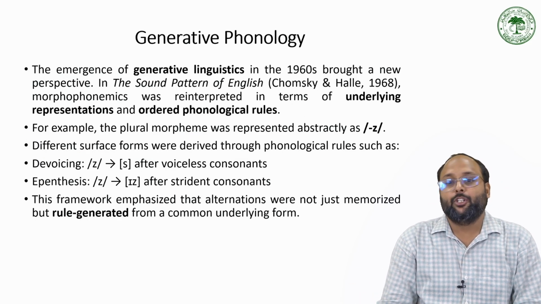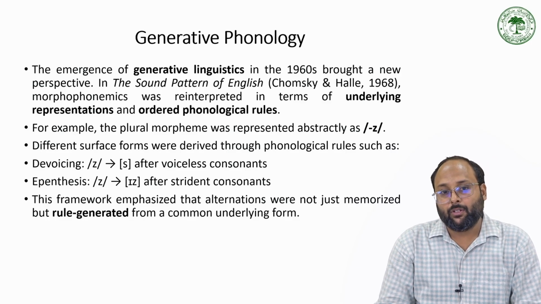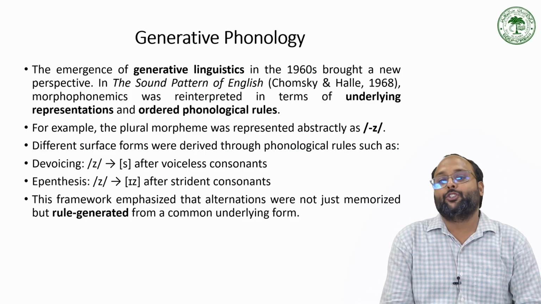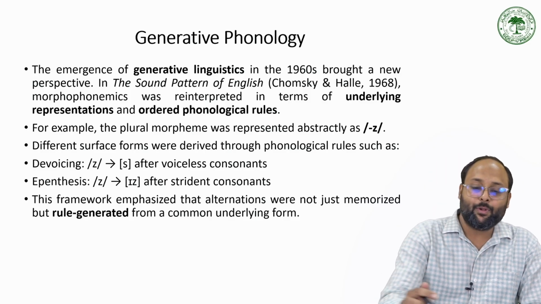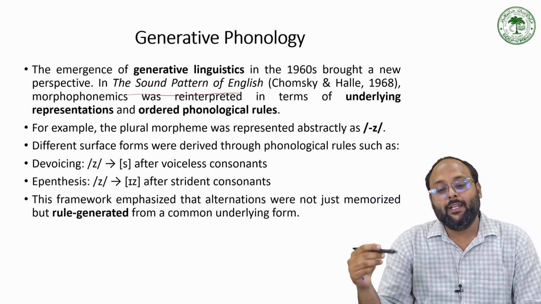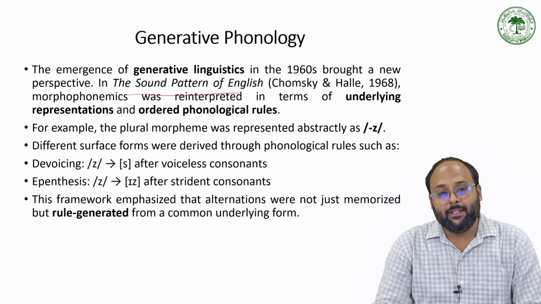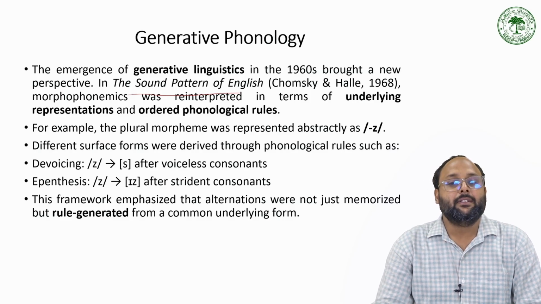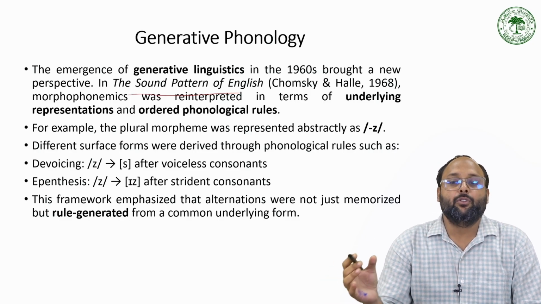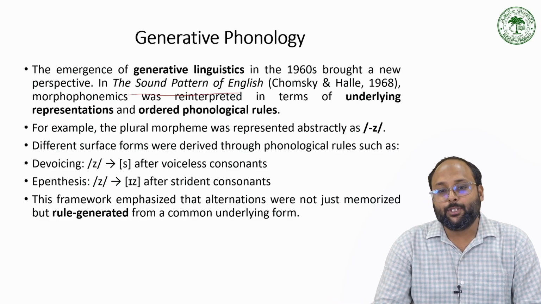There is another school of thought, generative phonology. The generative linguists Chomsky and Halle wrote the book The Sound Pattern of English. They reinterpreted the morphophonemics concept in terms of underlying representation and surface representation. They describe phonological rules for the occurrence of the different surface representations.